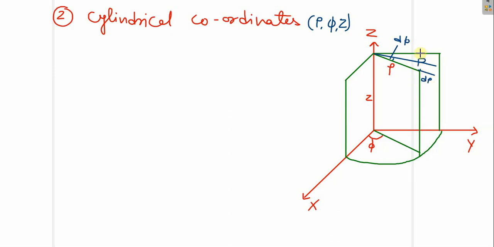And there will be some small increment in z also, so that can be made by increasing this one.